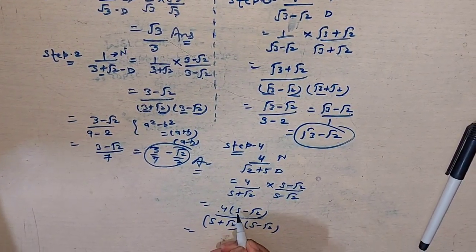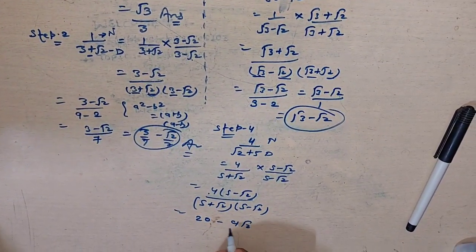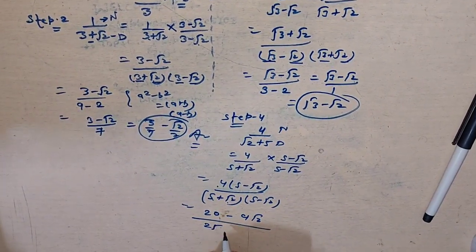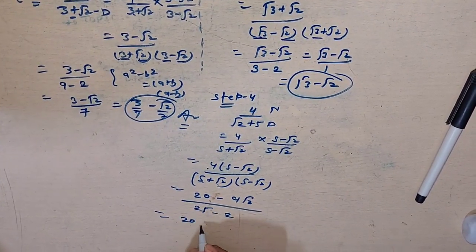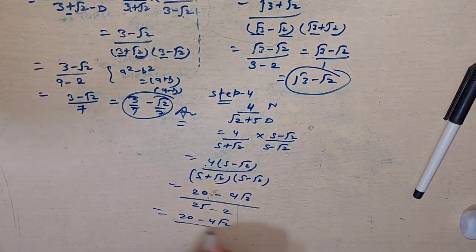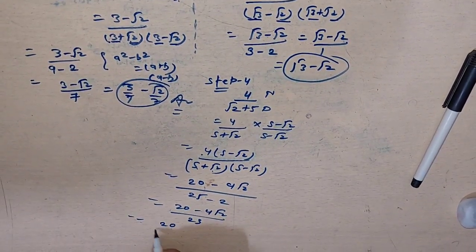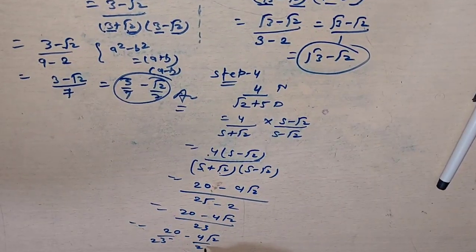Here 4 multiplied by 5 will be 20 minus 4 root 2 by a plus b and a minus b, that will be 25 a square and b square that will be 2. 20 minus 4 root 2 divided by 23. Now in this case 20 by 23 minus 4 root 2 by 23.